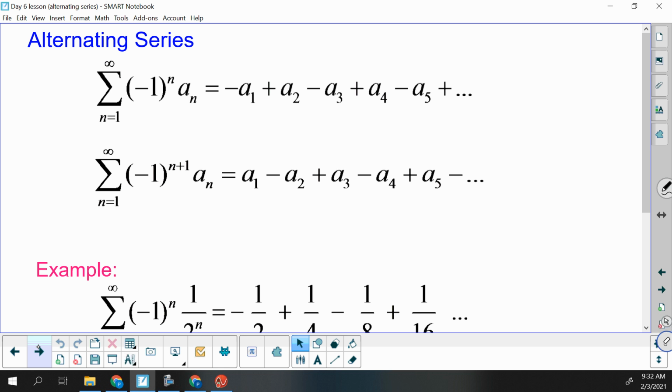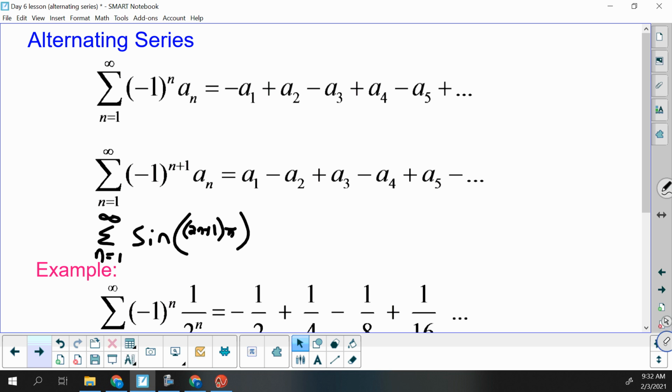Now a less common alternating series, you could see some sum from n equals 1 to infinity, and you could have sine of, let's say, 2n plus 1 pi, we'll say.